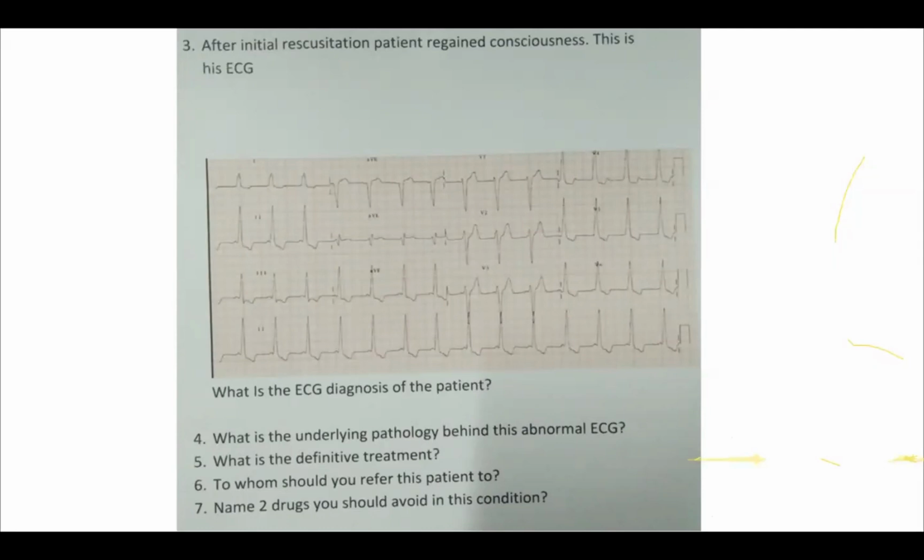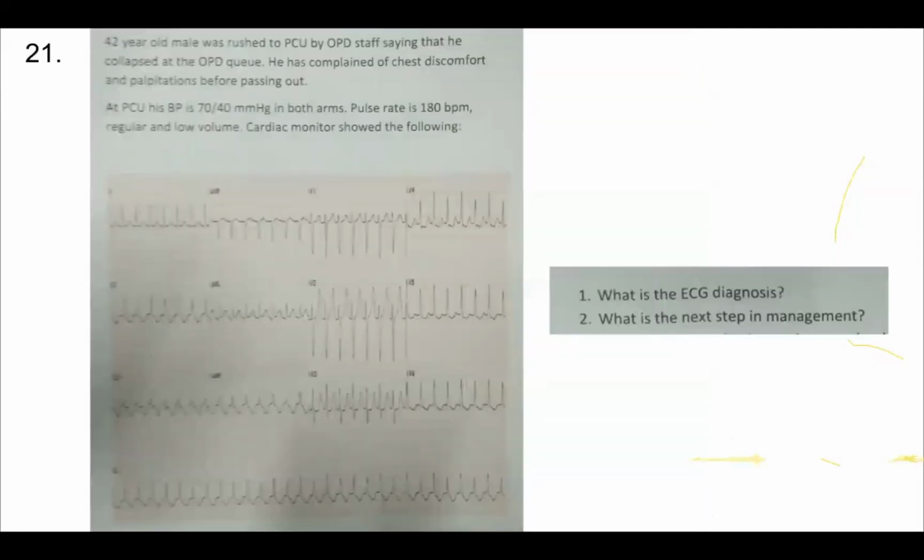Name 2 drugs you should avoid in this condition. So for your purposes, it is at this time. What are the 2 drugs you should avoid? Anyone? What is the drug you can give here?